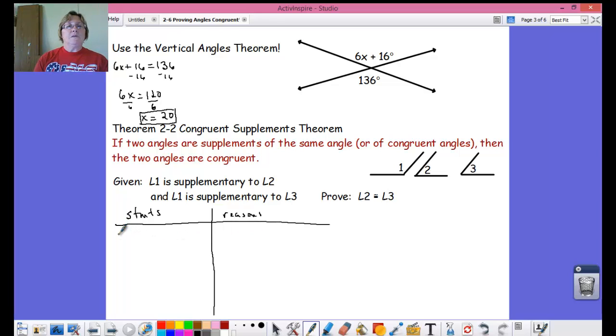So the first piece of information that we have is angle 1 is supplementary to angle 2, and that angle 1 is supplementary to angle 3. Now, I asked you to think about what supplementary means, and that's because we need to know that. We're going to use the definition of supplementary angles here.